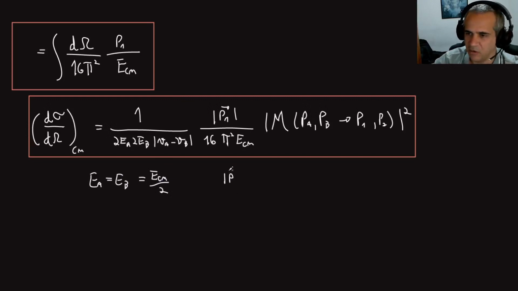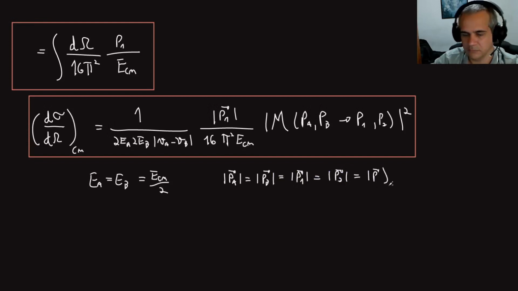That means all momenta will have the same module, all of them will have the same module, which I'll call just P, right?